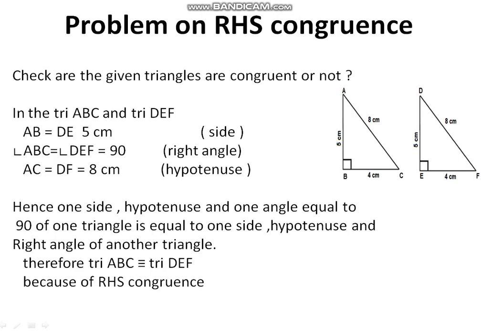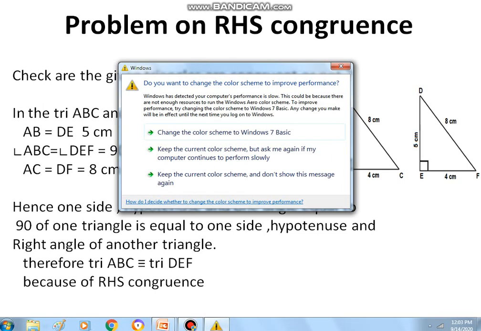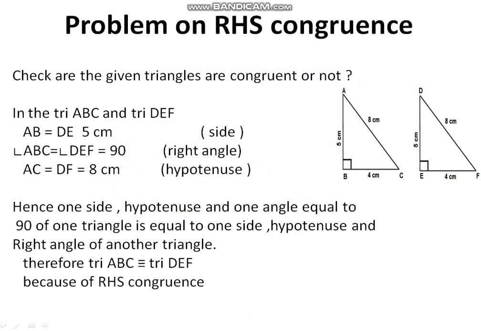Here we will solve some problems. Check whether the given triangles are congruent or not. Here two triangles are given, ABC and DEF. Angle B is equal to 90 degrees, angle E is equal to 90 degrees. We have to consider any of the sides. That is, AB is equal to DE, equal to 5 centimeters, and the hypotenuse, AC and DF, is the hypotenuse of both triangles.